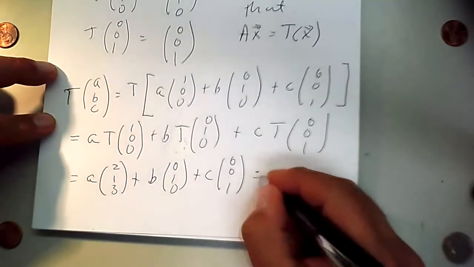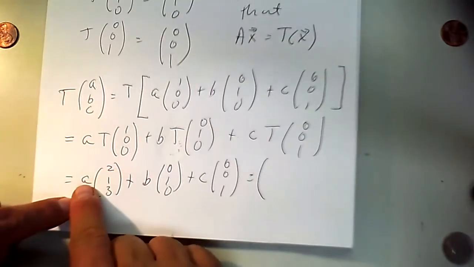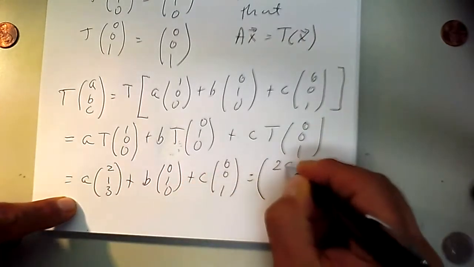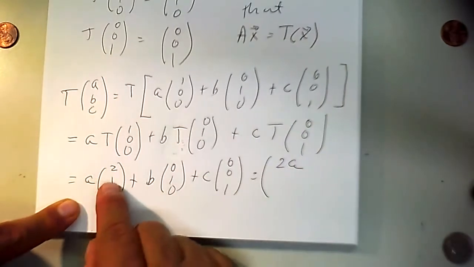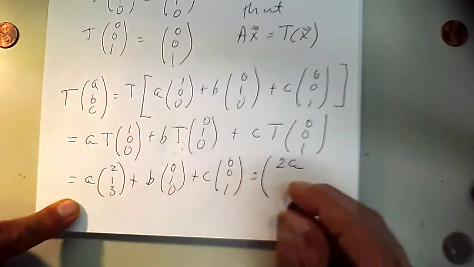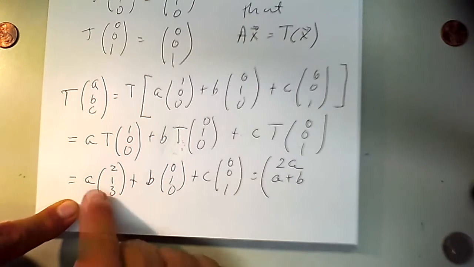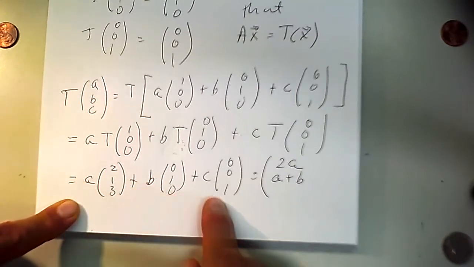And that turns out to be (2A, no B, no C) and (1A plus 1B, and no C) and (3A plus no B plus 1C).